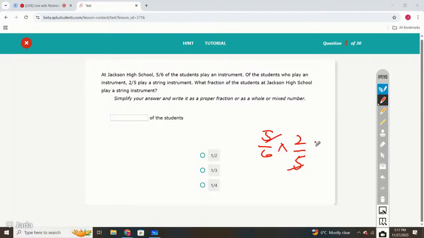So 5 and 5 cancel out, that is 2 by 6, and divide them by the common factor, that is 2.